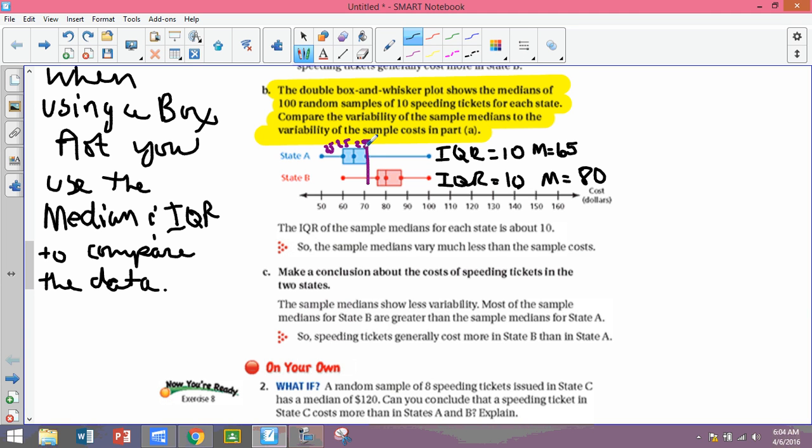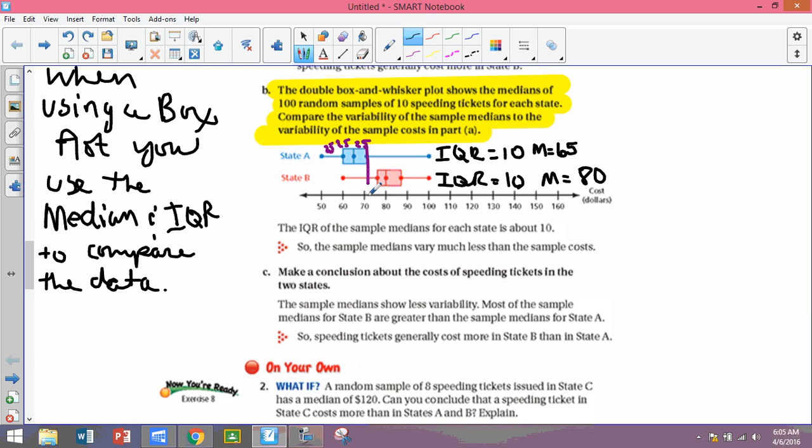So 75% of your data in state A lies lower than not even 25% of your data in state B, because state B's 25% marker is right here at Q1. So 75% of the ticket costs in state A cost less than not even 25% of the ticket costs in state B. That's enormously huge.